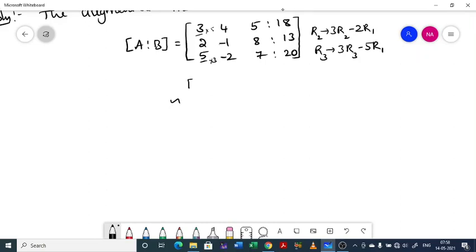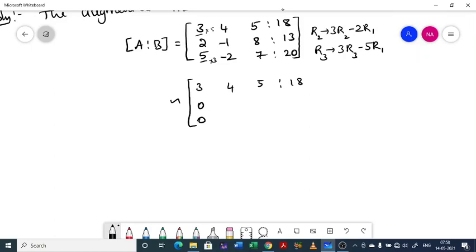This will be equivalent to: first row no change, 3, 4, 5, 18. Second row operation is 3R2 minus 2R1. So 2 into 3, 6 minus 3 into 2, 6, we get 0.